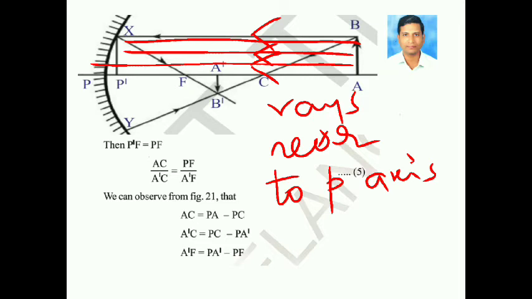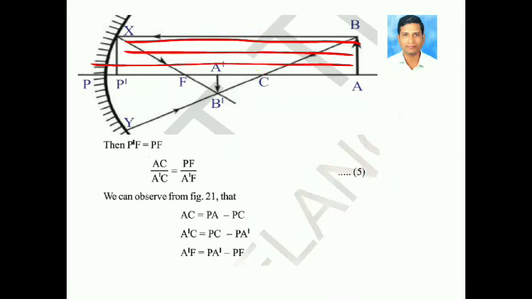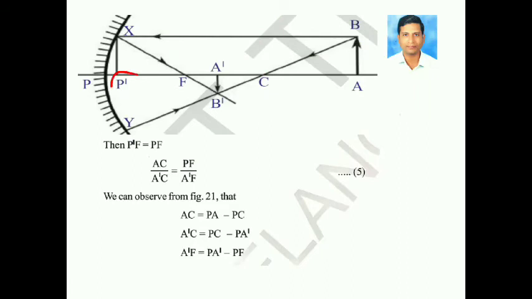In case of paraxial rays, this P dash point almost coincides with P. Then P dash F is equal to PF.